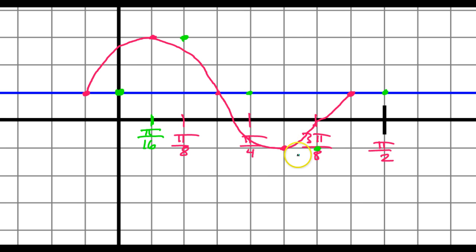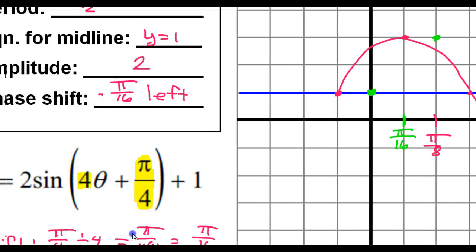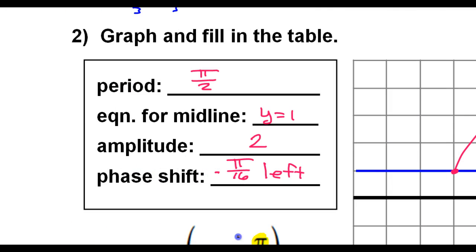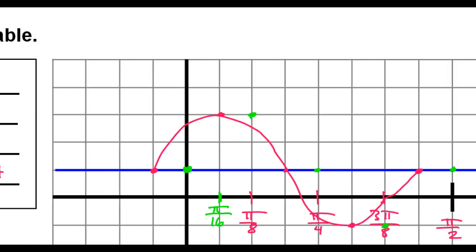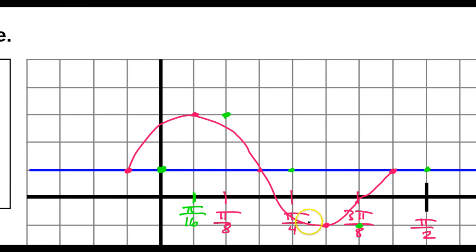Okay, got a little dicey in that area, but you get the idea. And there you go. So that's it for problem number 2. And I think I'll go ahead and stop this video here. So here endeth the lesson.